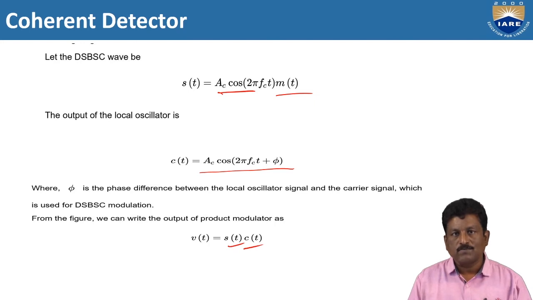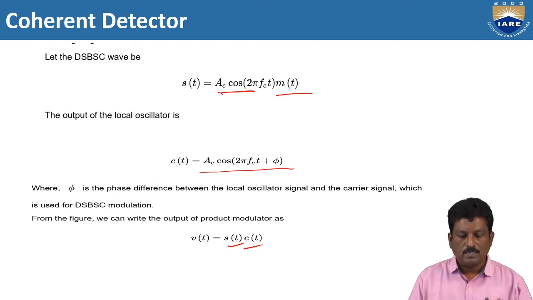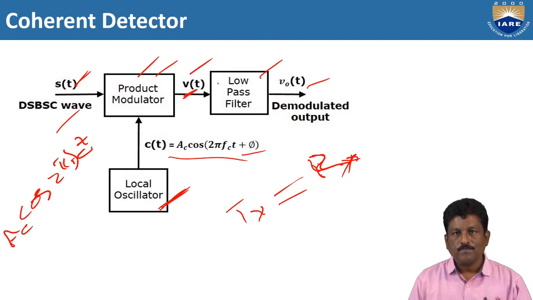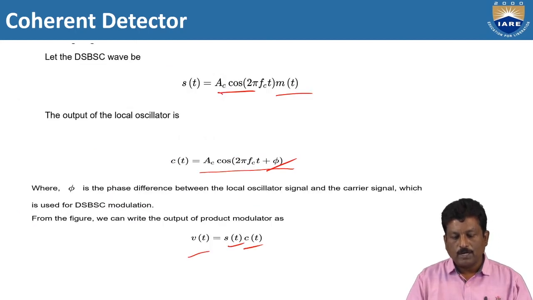Input signals are s of t, which is the modulated DSBSC wave, and the locally generated carrier signal c of t equal to Ac cos (2 pi fc t plus phi). Once you have the product of these two signals, we get v of t at the output of the product modulator.